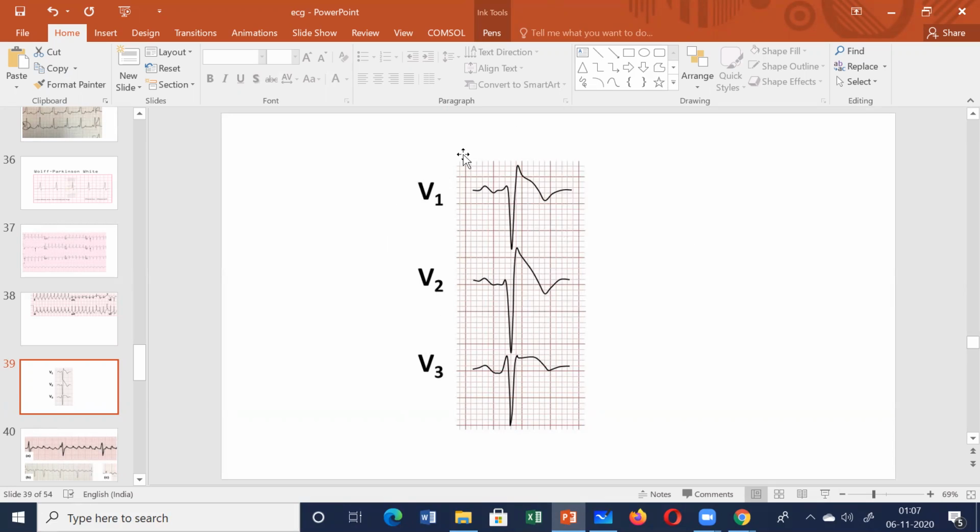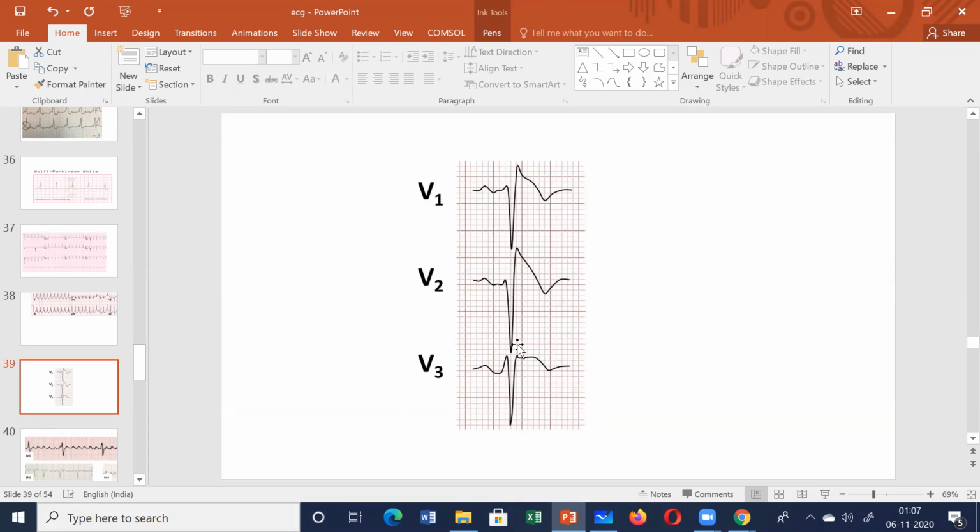What is the treatment in these patients? Since it's genetically transmitted, usually we implant a cardioverter defibrillator, at least in those patients who have had at least one attack of cardiac arrest. As I told you, these patients are very susceptible to sudden cardiac arrest.